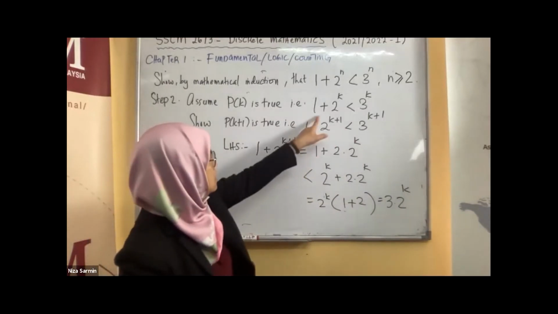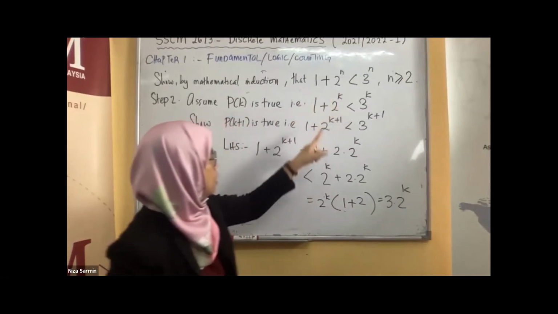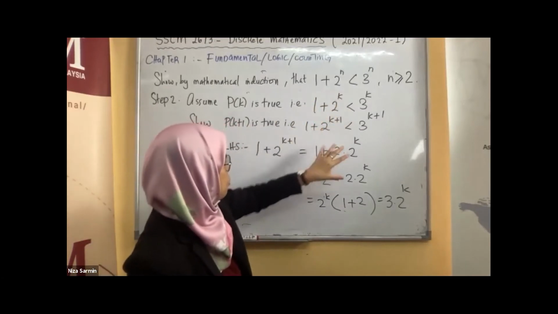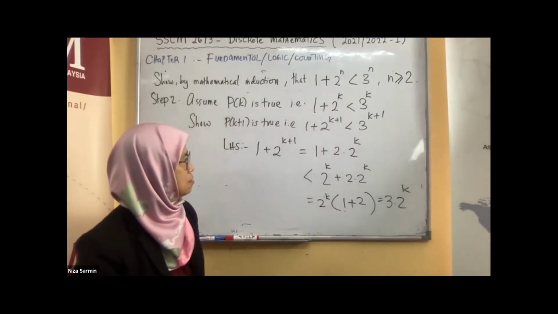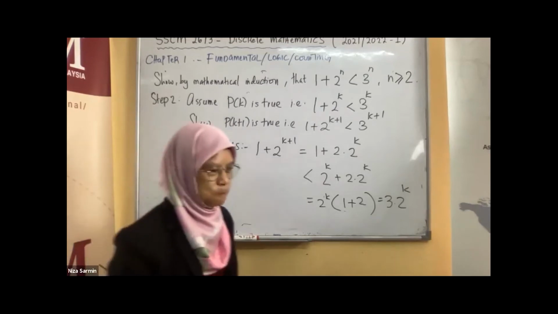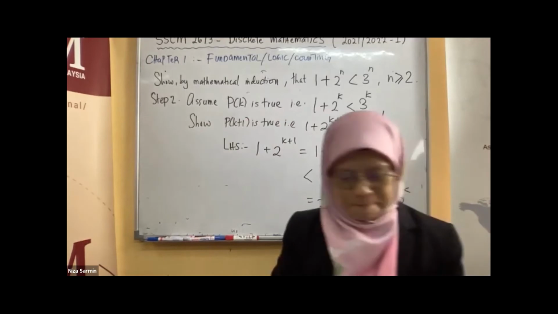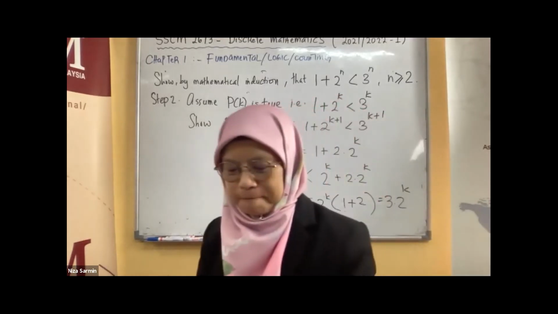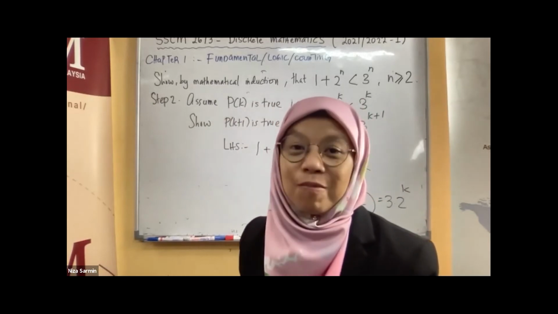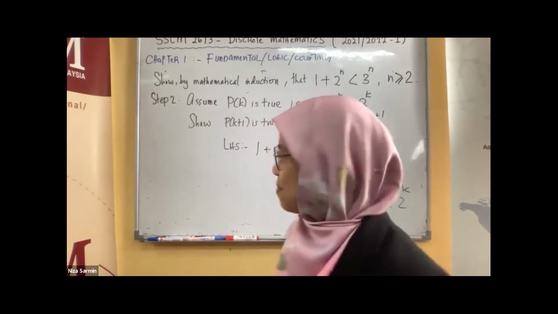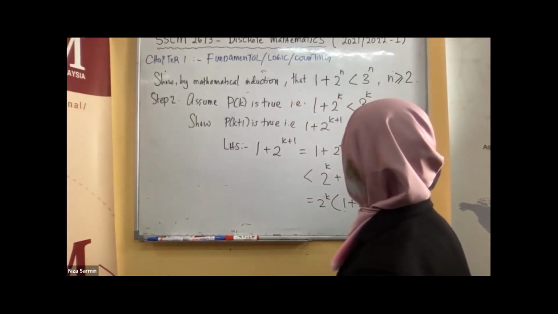But you don't get this form. I want this form. How do you get this form from here? Any other suggestions? 1 plus 2 to the power k plus 2 to the power k.